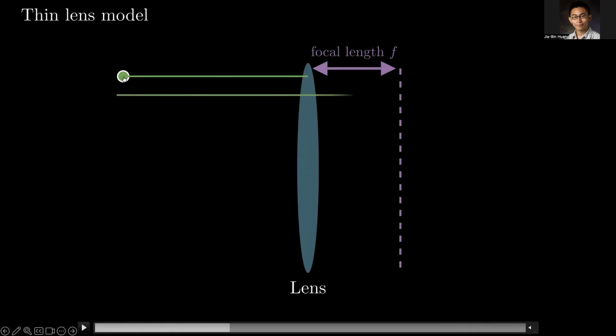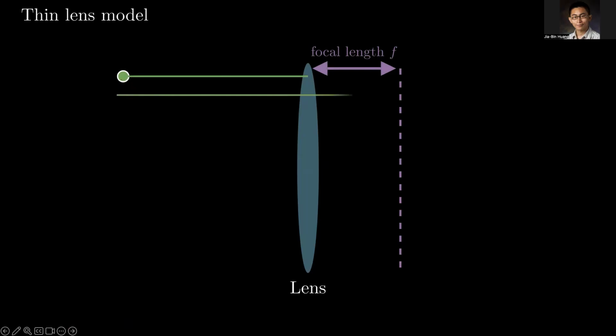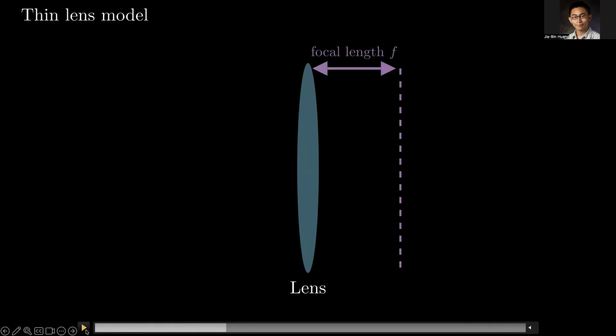You have this light ray, and this one passes through the center, and this ray is parallel to it. If it is parallel, then these two rays should converge onto some place on this plane.